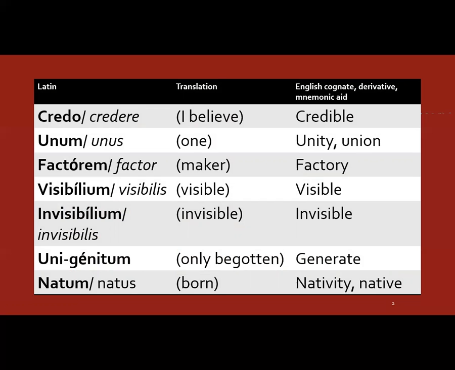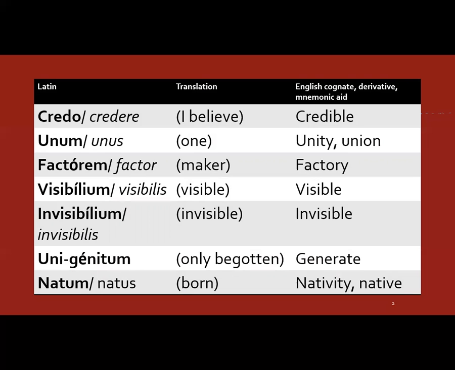Factorum, and I'm putting the accents in now to make that easier for you. Factorum, our word factory comes from it, and that's a place where things are made. So it means our maker, factorum. The next two are very easy, visibilium and invisibilium.